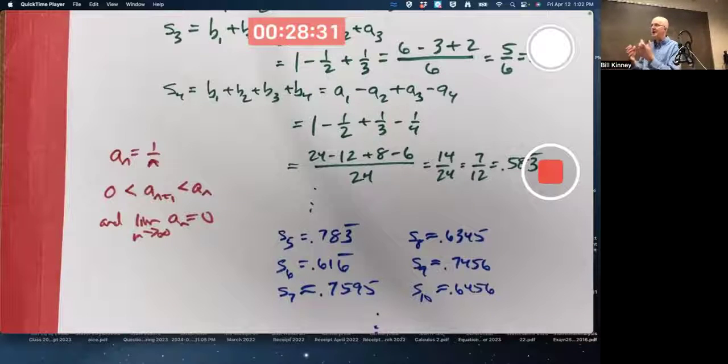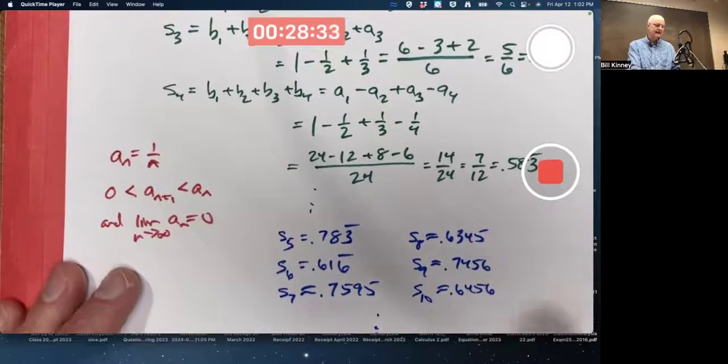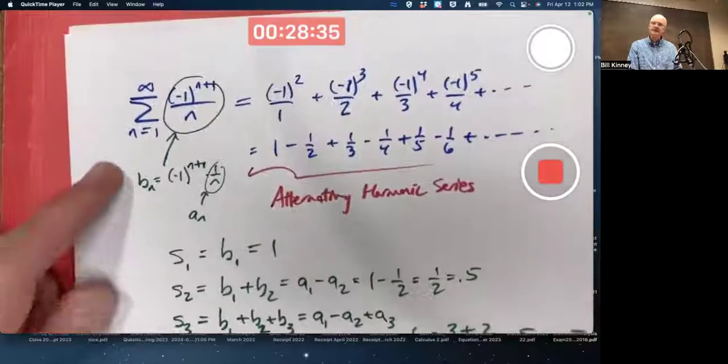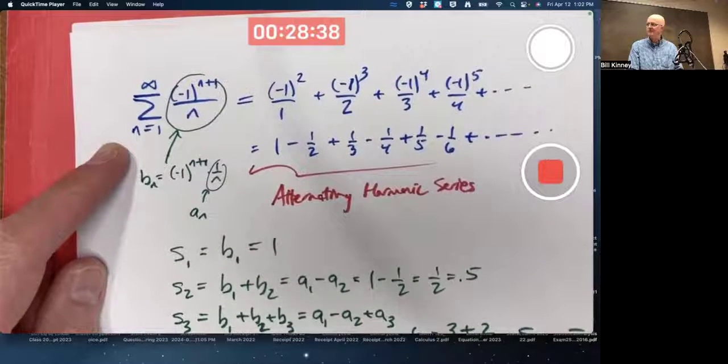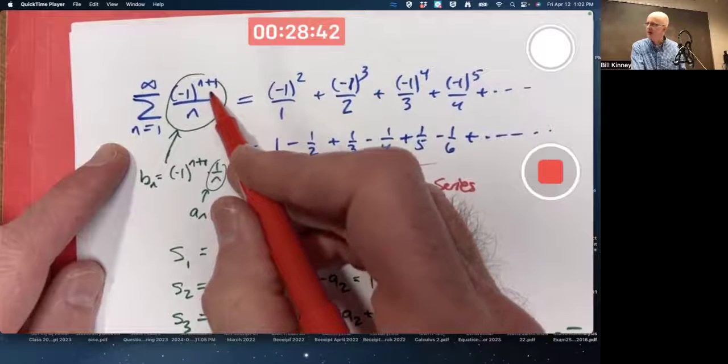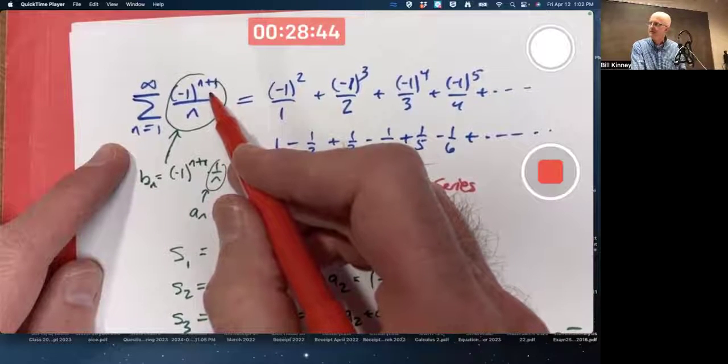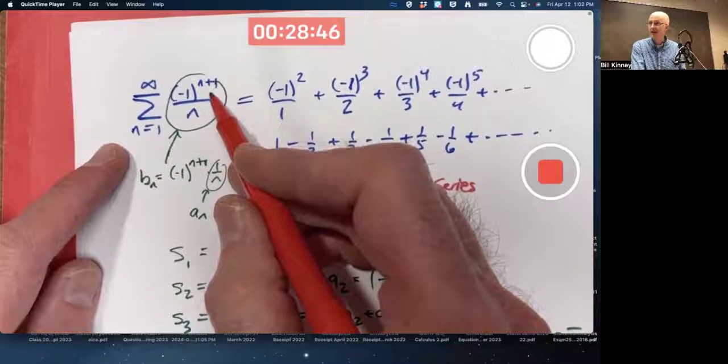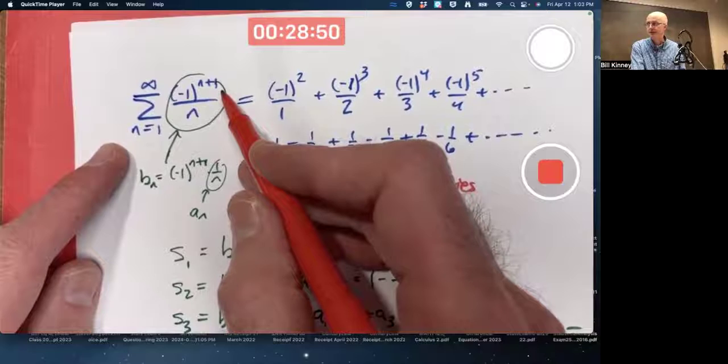Therefore, you can say by the alternating series test, this series converges. The alternating series test happens to use an n minus 1 power, but it's not a big deal. (-1)^(n-1) equals (-1)^(n+1) when n is an integer. That's fine.